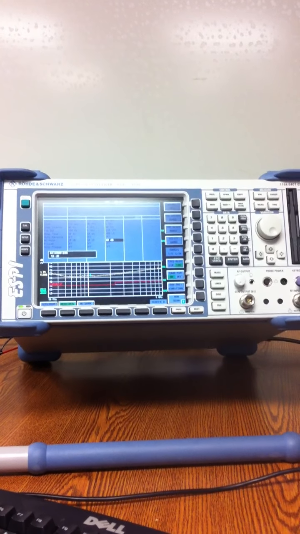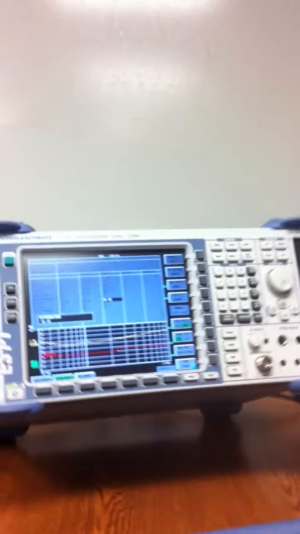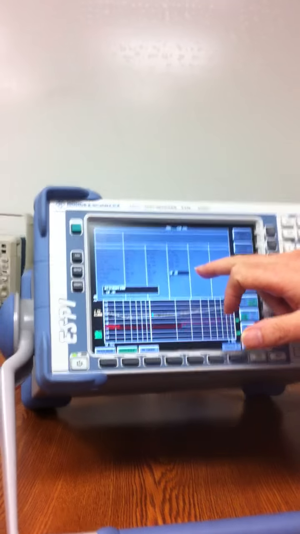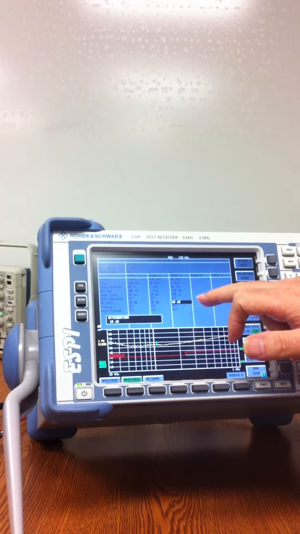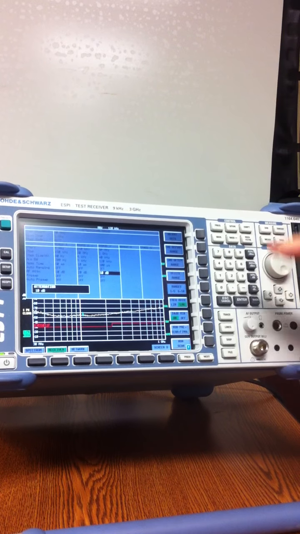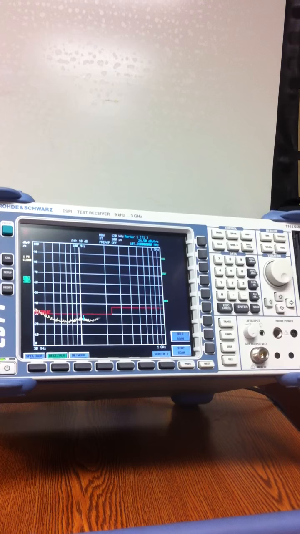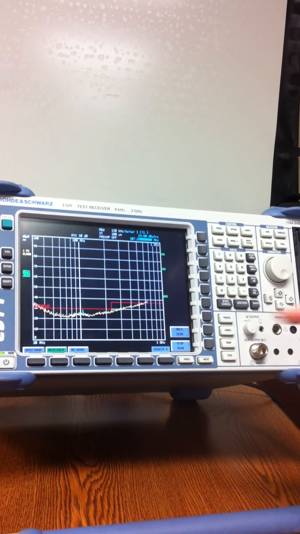And if you use the antenna, and I think also if you use the sniffer probes, I'm not sure, we have to test that, then it's not enough just to set the attenuator to a value of 10 dB. Just keep that setting, and I will run the scan again to show the difference. See where it is right now?